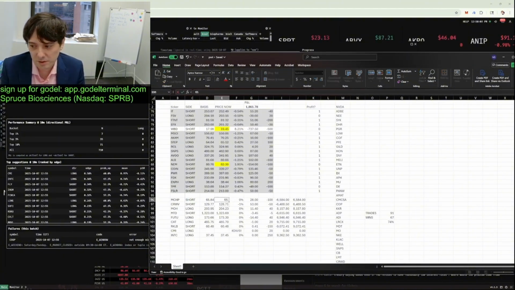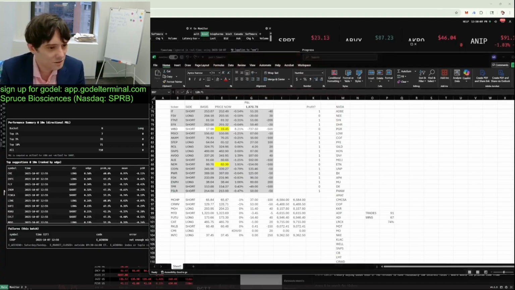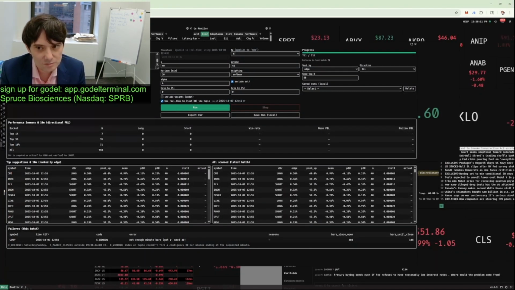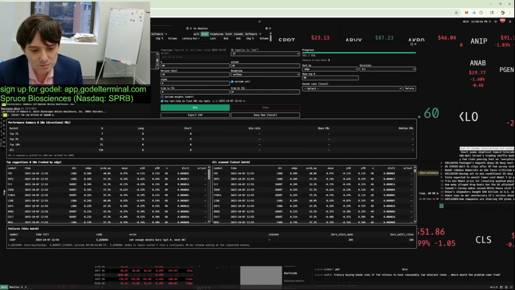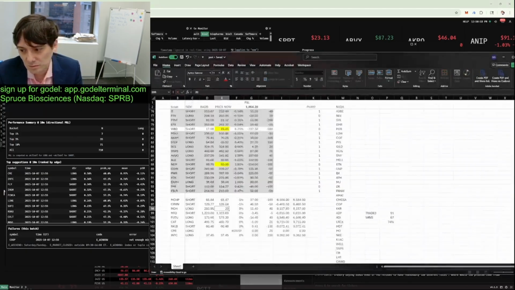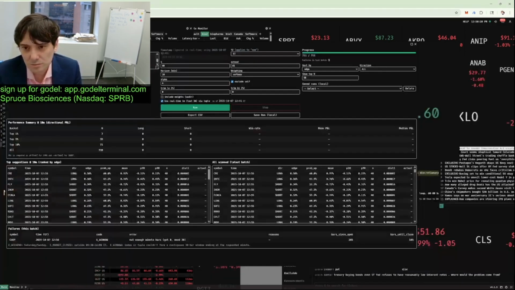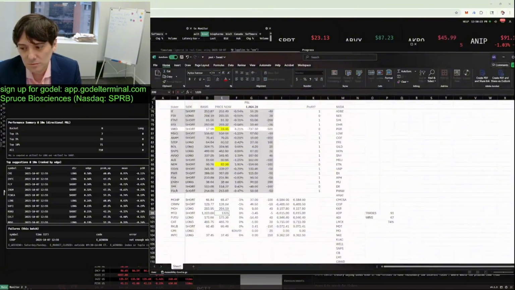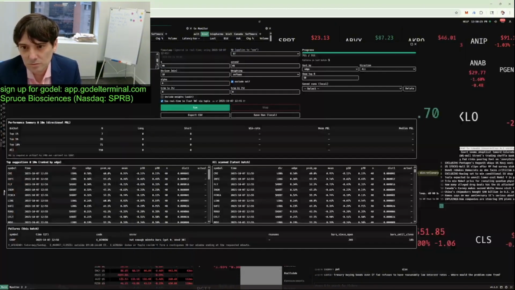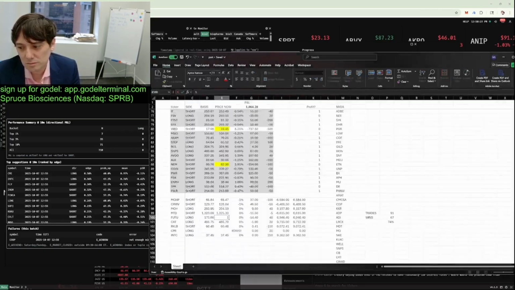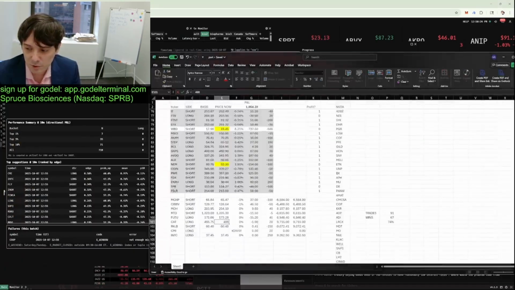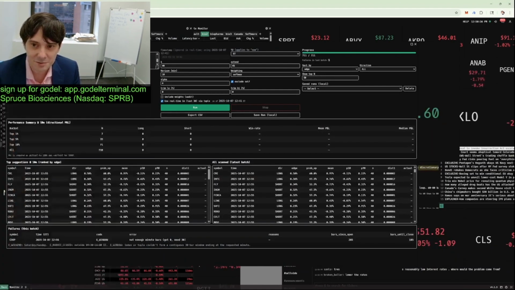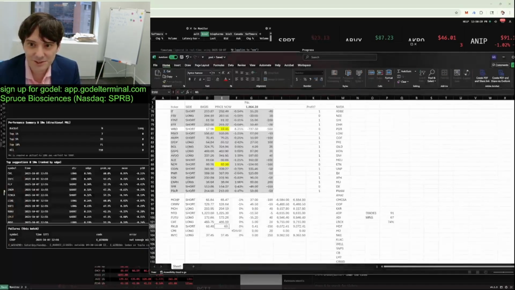Very easy to get mad, as you can see. To the moon. Whenever you hear somebody say to the moon, you're in the presence of a fool.